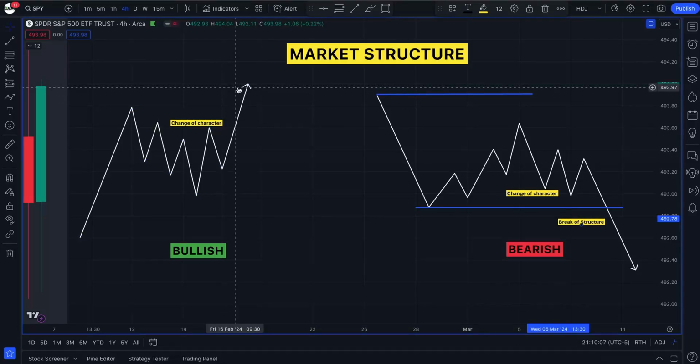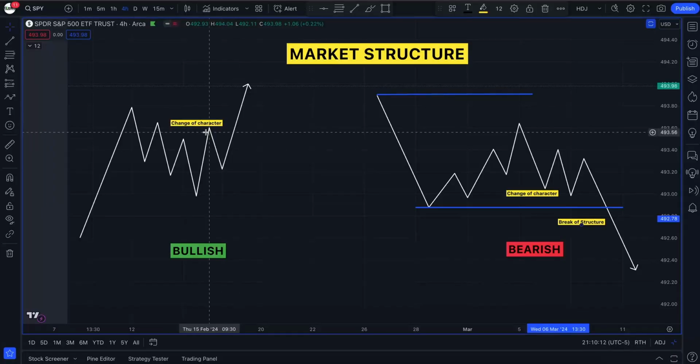Now, waiting for the break of structure is going to be the safest play, but when this change of character happens, you can assume that price is going to head to the upside, but you always want to wait for a pullback, and you always want to make sure you have a very tight stop loss just beneath this point here. You don't ever want to lose more than, let's say, 10% of what you put into the investment.